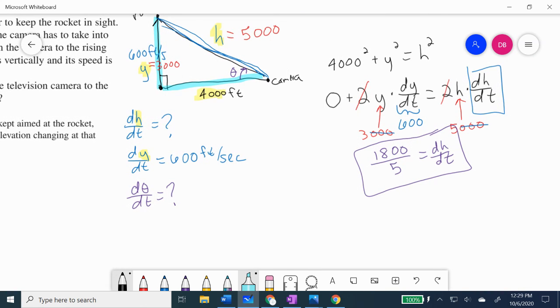I'm going to go with using the y that we were given. So if I make an equation, I want the variable to be the numerator and the constant to be the denominator to make the derivative easier. For this angle, that means opposite over adjacent, and it's tangent theta.